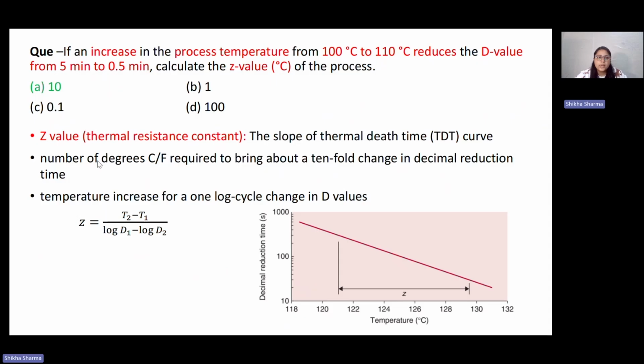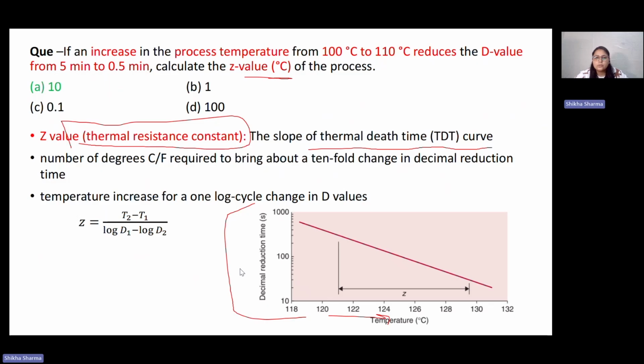The Z value is the thermal resistance constant, a temperature value in degrees Celsius. It is the slope of the thermal death time curve, the TDT curve, in which the x-axis is temperature and the y-axis is the D value, the decimal reduction time. The number of degrees required to bring about a tenfold change in the decimal reduction time is the Z value.